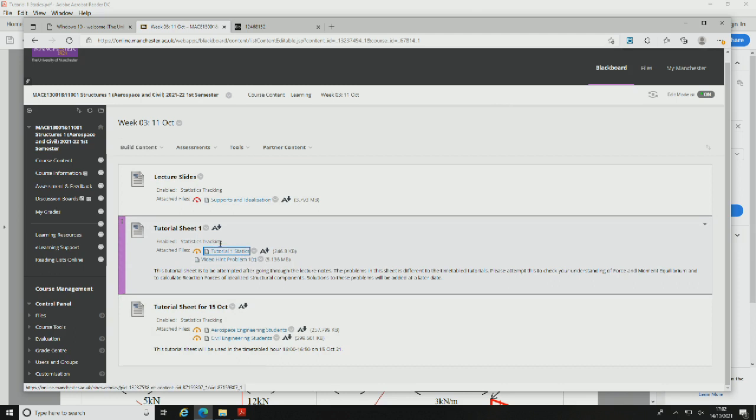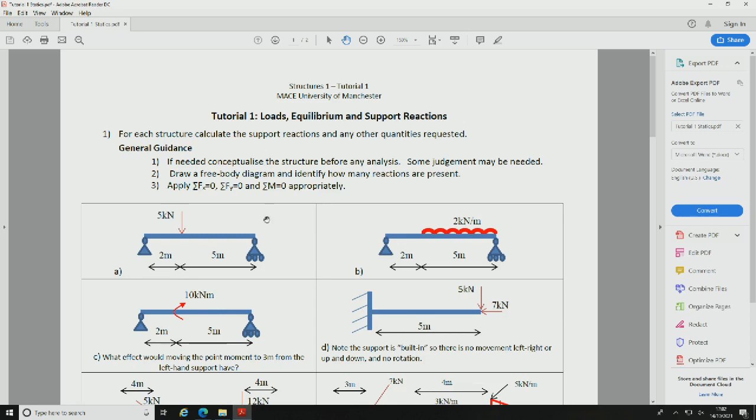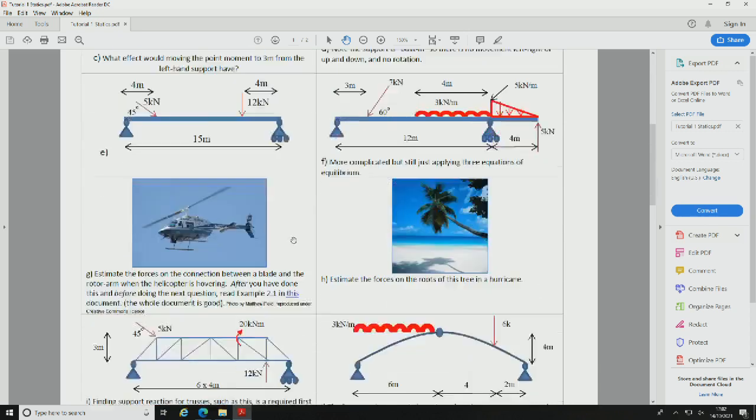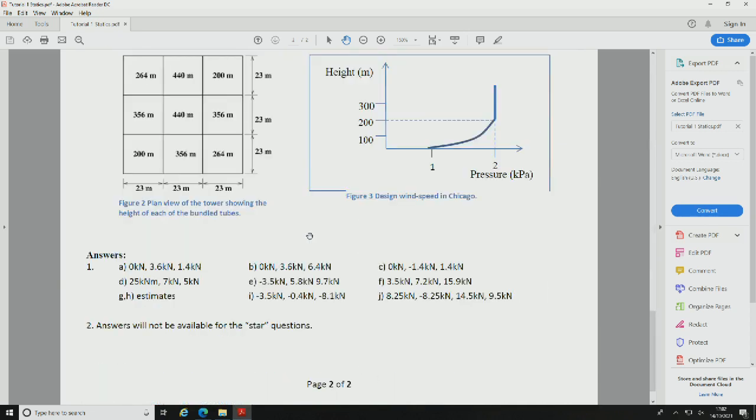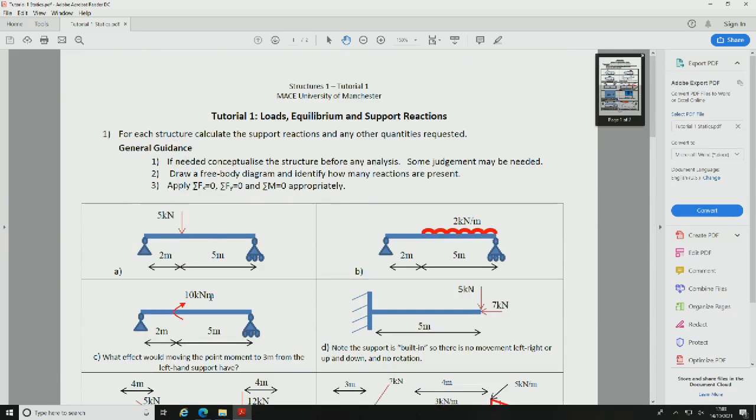So you have probably seen this tutorial on statics, which is a collection of beam-type problems for which some numerical answers are given. You are highly encouraged to do this tutorial set on your own, because it forms the basis of your concepts: how to calculate the reaction forces, how to do equilibrium.